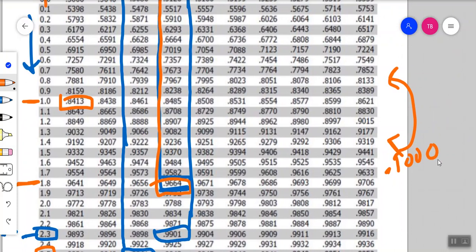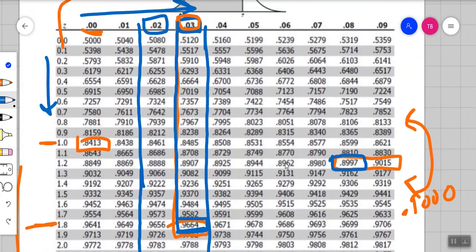You look around and try to find the closest one. It's not going to be exact. It looks like these two right here are closest, 0.8997 and 0.9015. We're going to go with this one because it's a little bit closer, only 0.003 away.